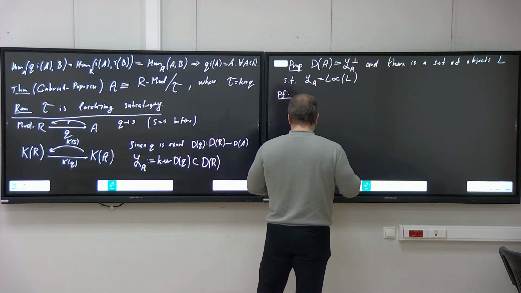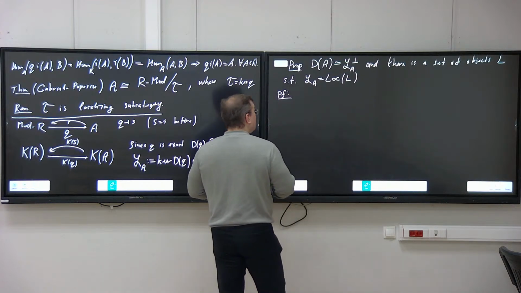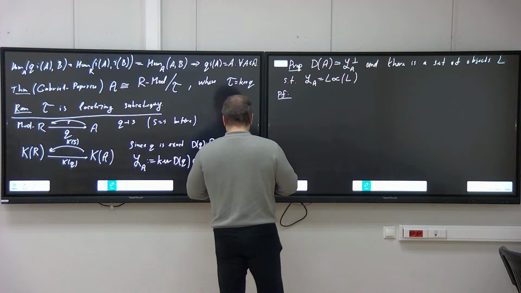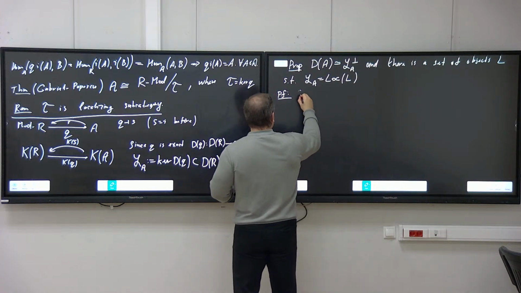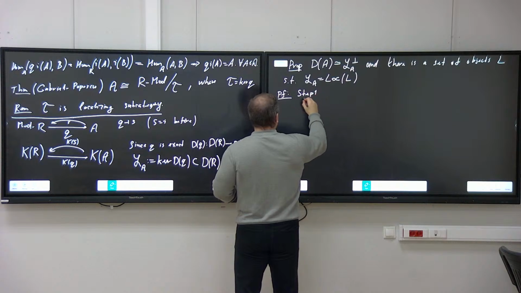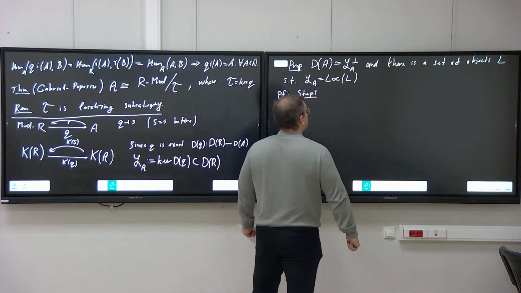So the proof is kind of two steps. Well, actually two more or less independent steps, because these two statements are more or less independent.